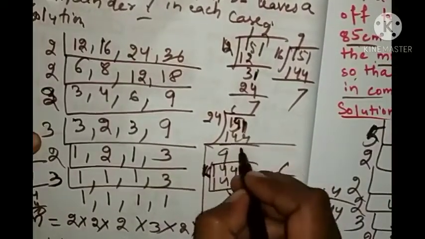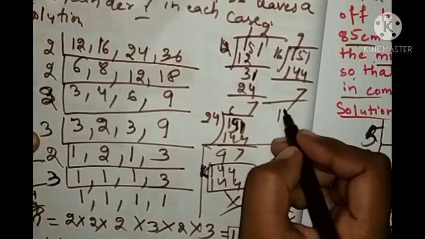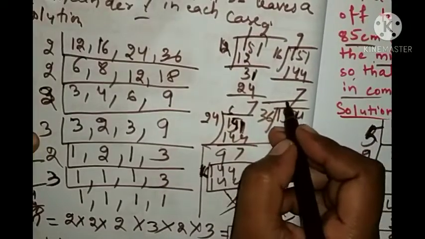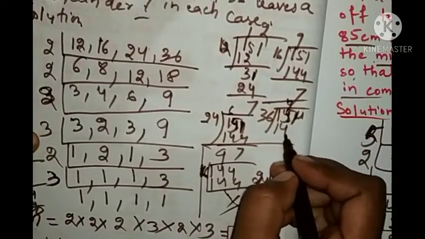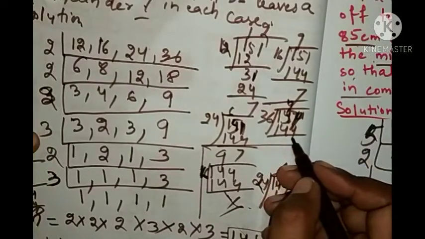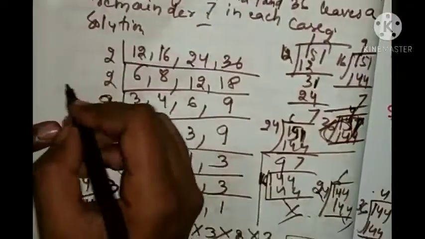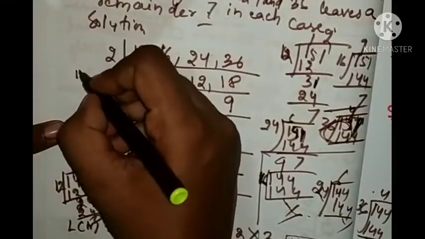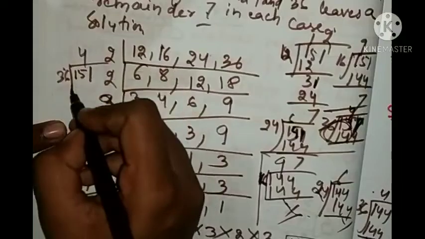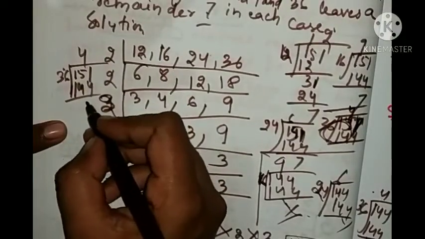What am I getting? Remainder 7. Next we will see 151 divided by 36. 36 fours are 144. So 151 minus 144, how much? 7.